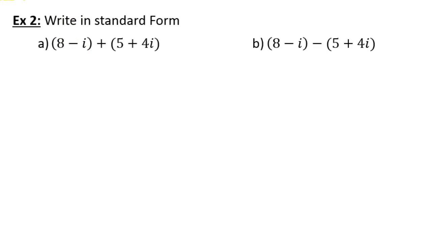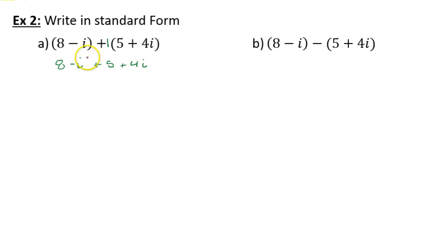When we're looking at example 2, we're going to go ahead and write in standard form, meaning we're just going to add these complex numbers together. So again, if there's anything in front of this parentheses, we distribute. Otherwise, we just drop the parentheses. There's nothing to distribute. You can distribute a positive 1 if you want, but that's just 1 times positive 5 is positive 5. 1 times positive 4i is 4i.